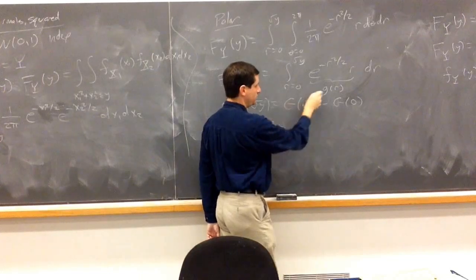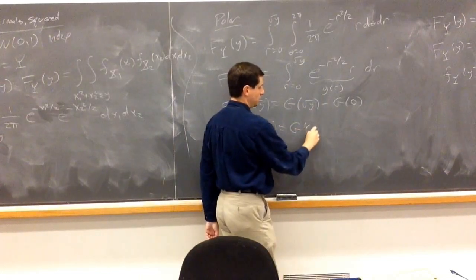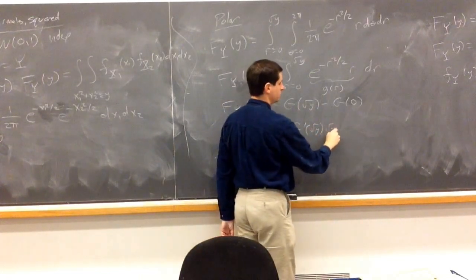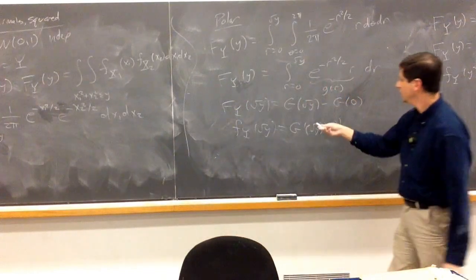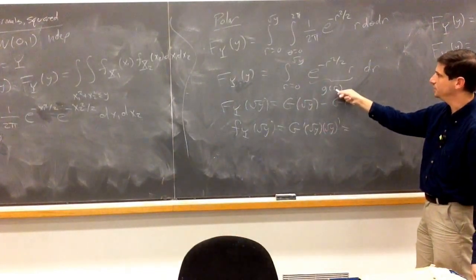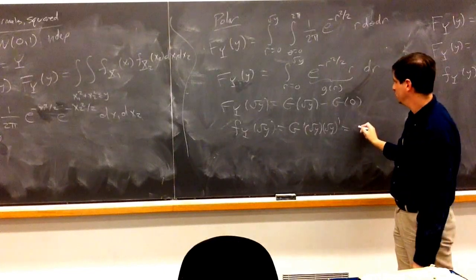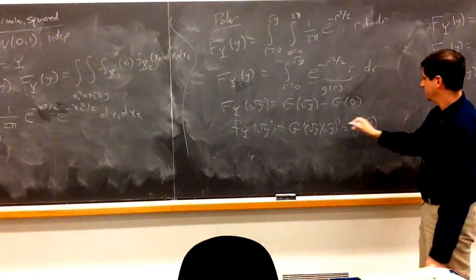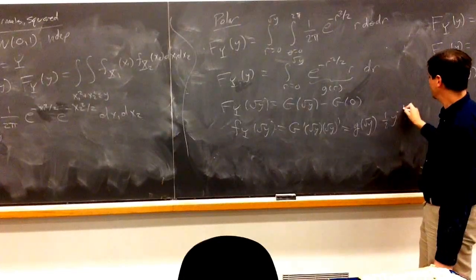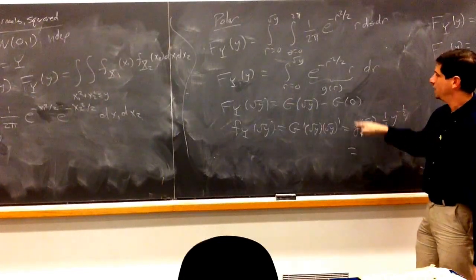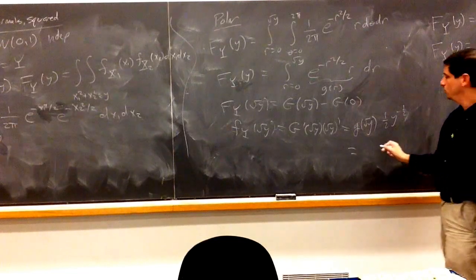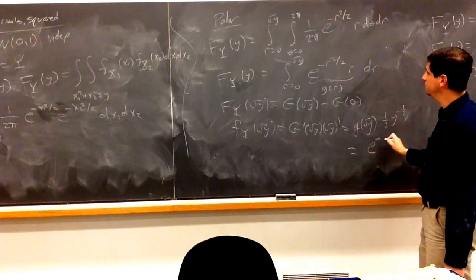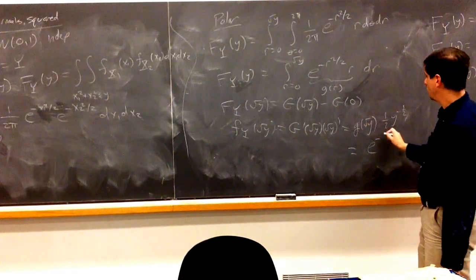is now g prime at square root of y times the derivative of square root of y. G prime is going to be just little g. And so we'll get g of square root of y, and then we'll have a 1/2 y to the minus 1/2. And using the definition of g, we will get an e to the negative y over 2.